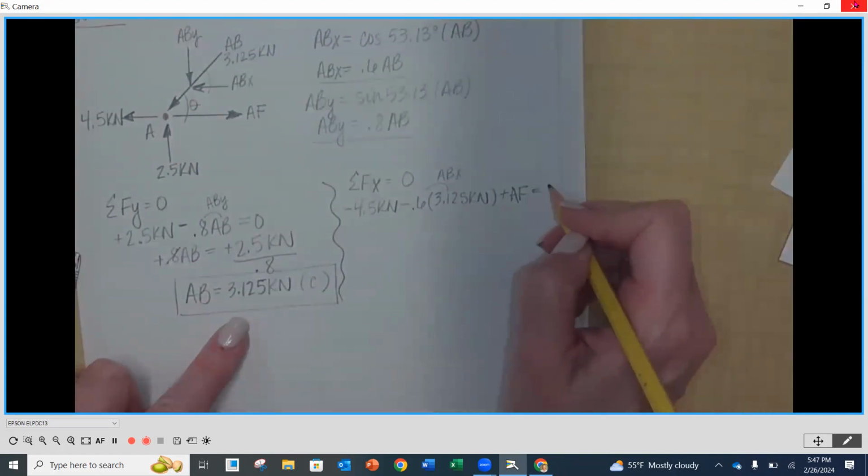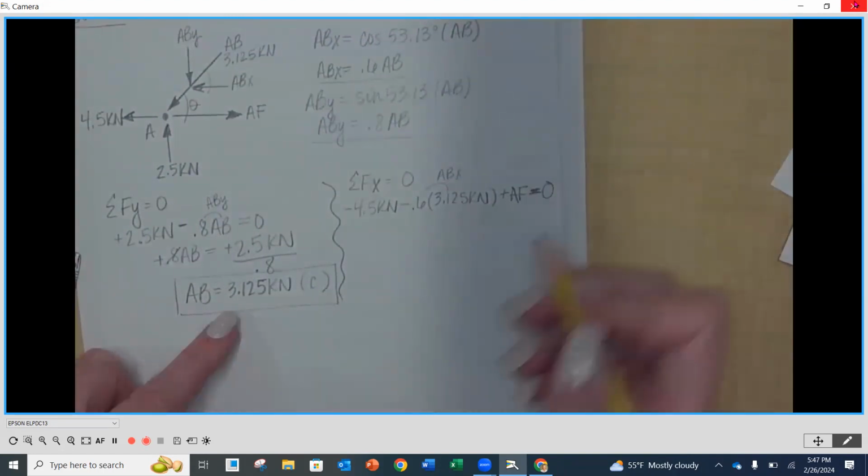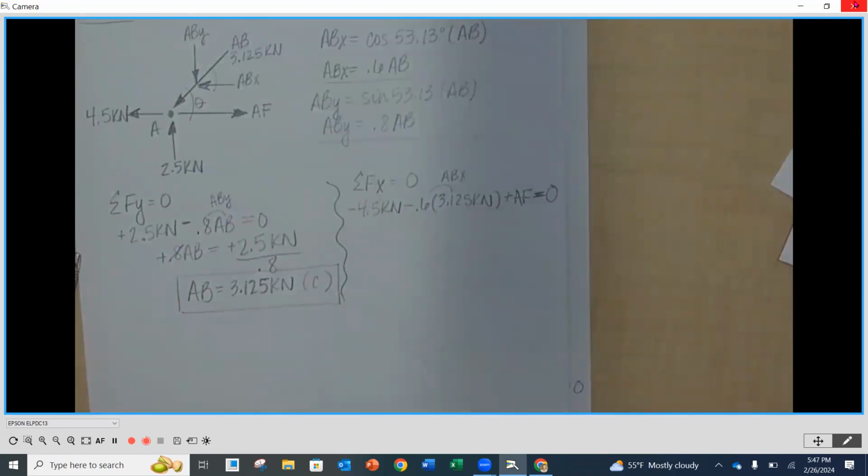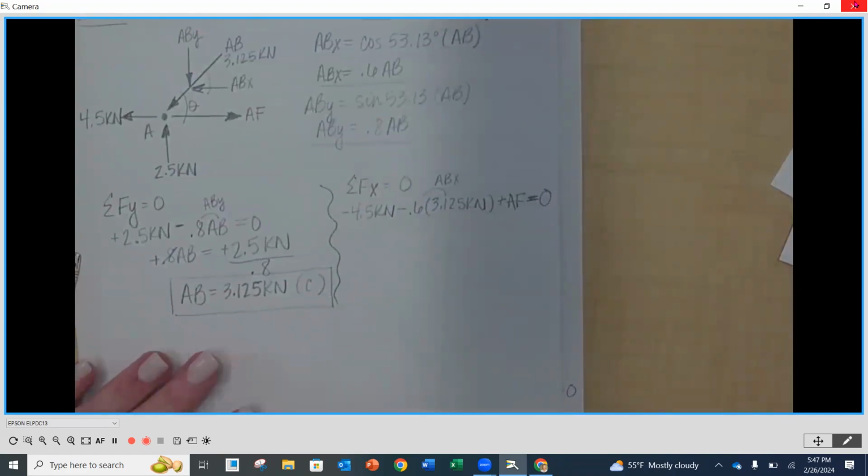AF is my only unknown. I set that equal to 0. Go ahead and solve for AF.